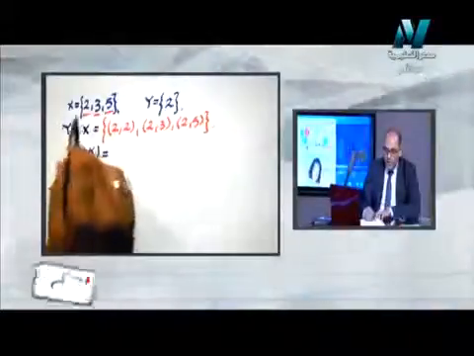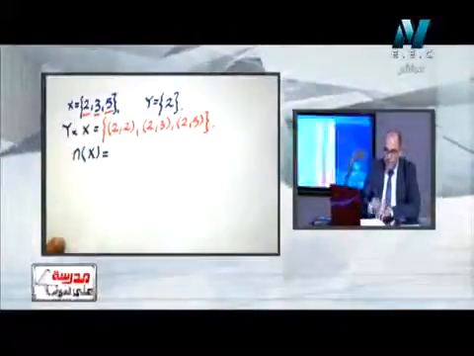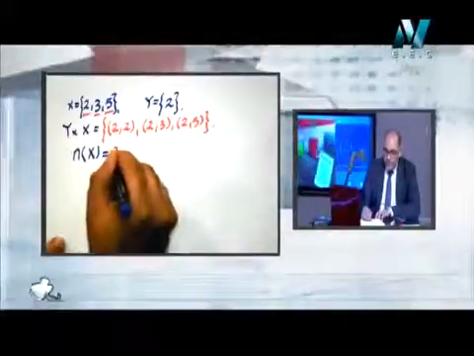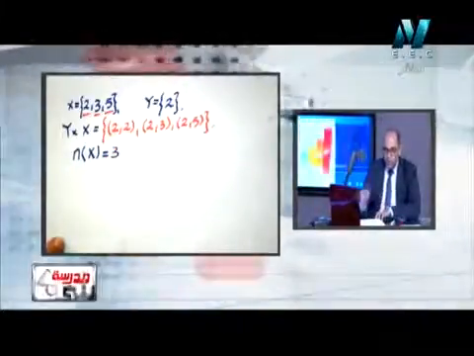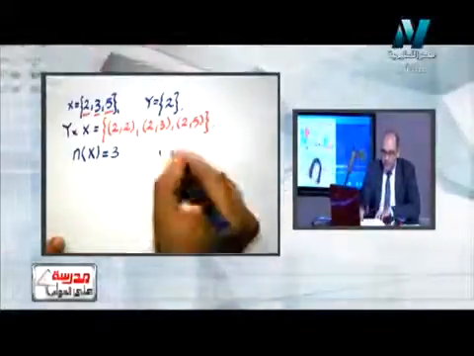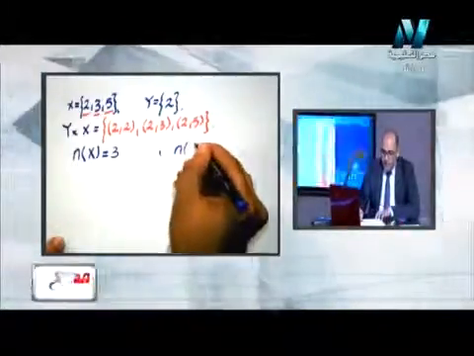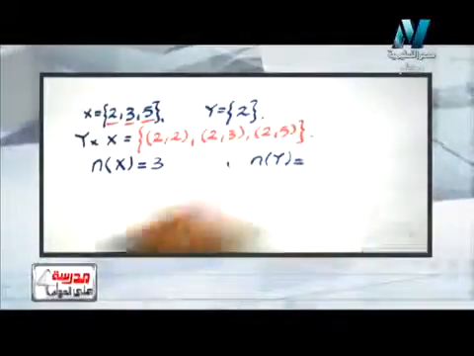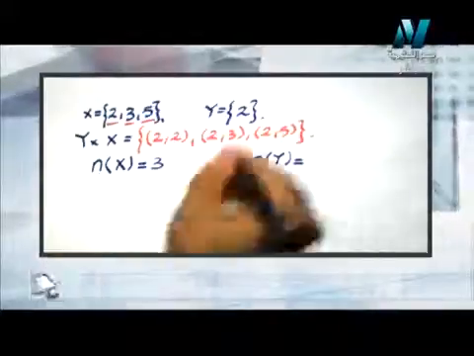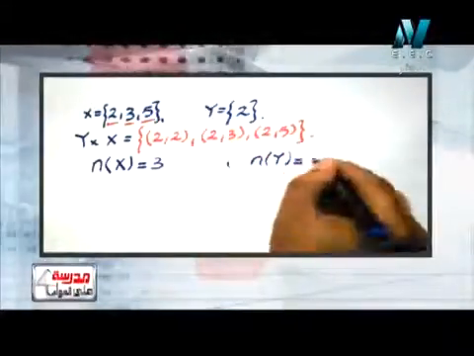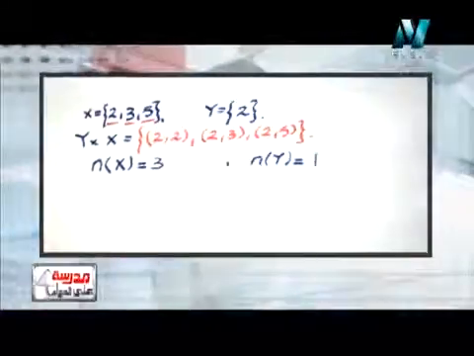Here we have 3 elements, so n of x equals 3. The same way, n of y means how many elements of y. Here we have only one element, so n of y equals 1.